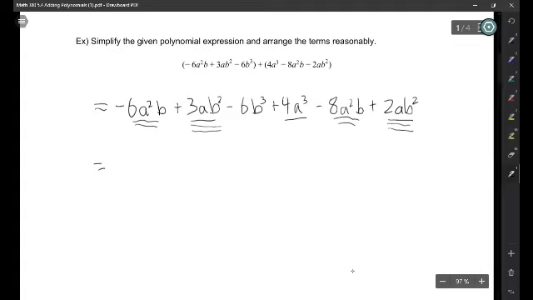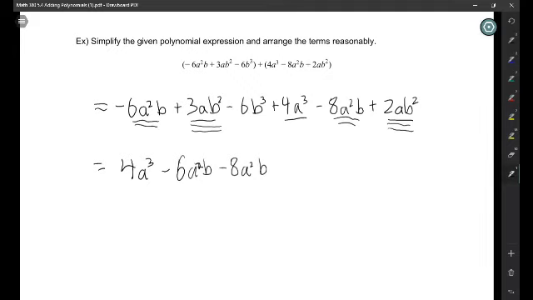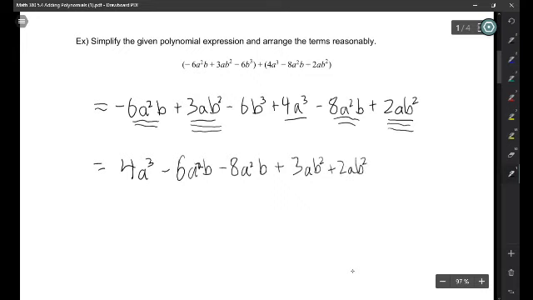So 4a cubed first. Then minus 6a squared b minus 8a squared b. And then the terms with ab squared, so plus 3ab squared plus 2ab squared.